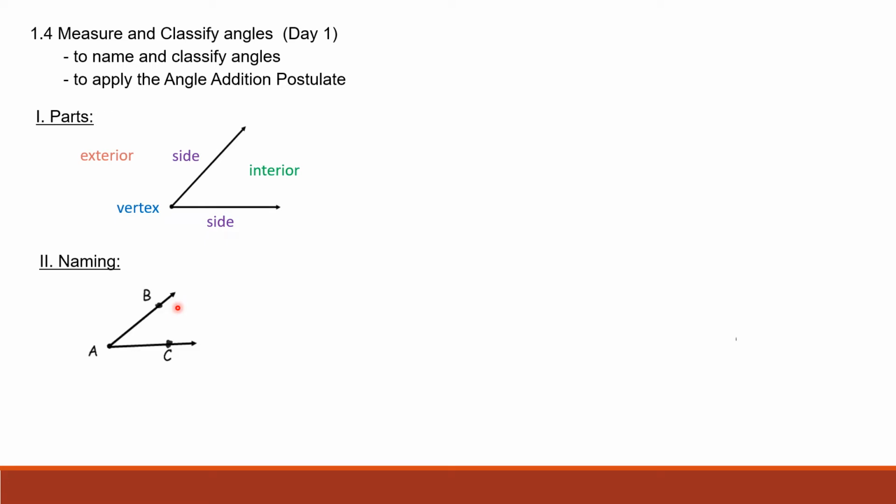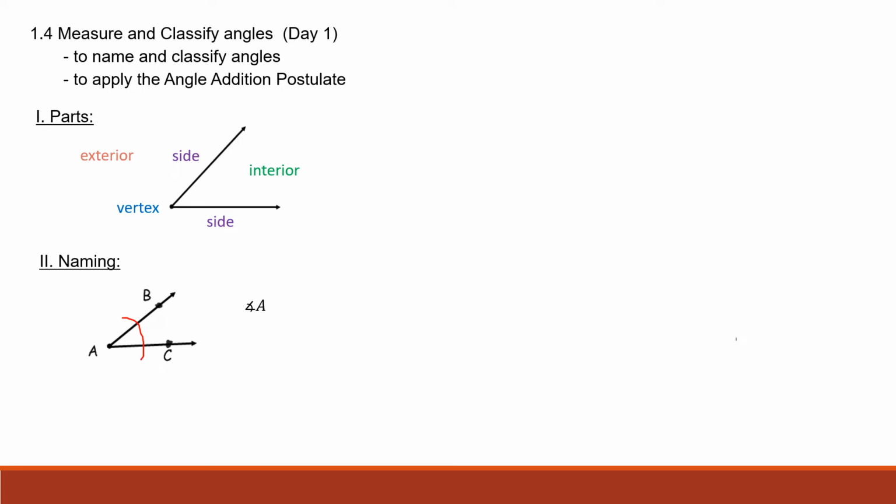So how do you go about naming an angle? We know from previous lessons that we have symbols for segments, and rays and lines and planes, and so now we have a symbol for angle. It pretty much looks like the angle shape, but we're going to put a little arc in it. So the angle symbol looks like this.